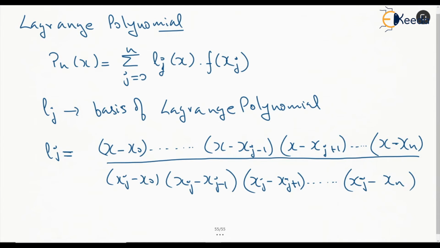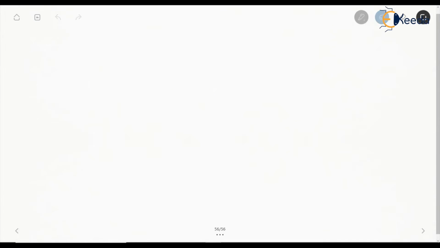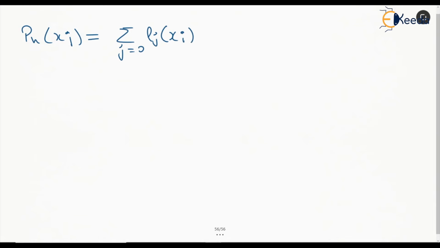So this is how the basis of Lagrange's polynomial, that is Lj, is given, and then all we have to do is sum up all these terms, the sum of the product of the function values and the Lj's. So this function Pn will be given as the sum of Lj(xj) into f(xj) up to n.